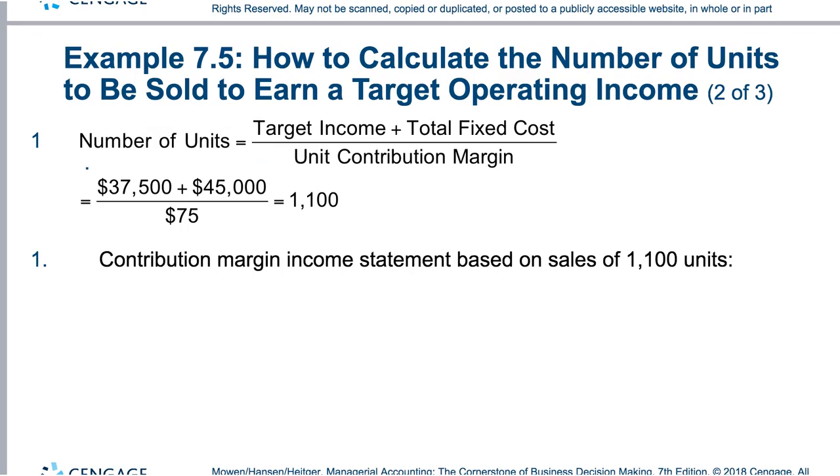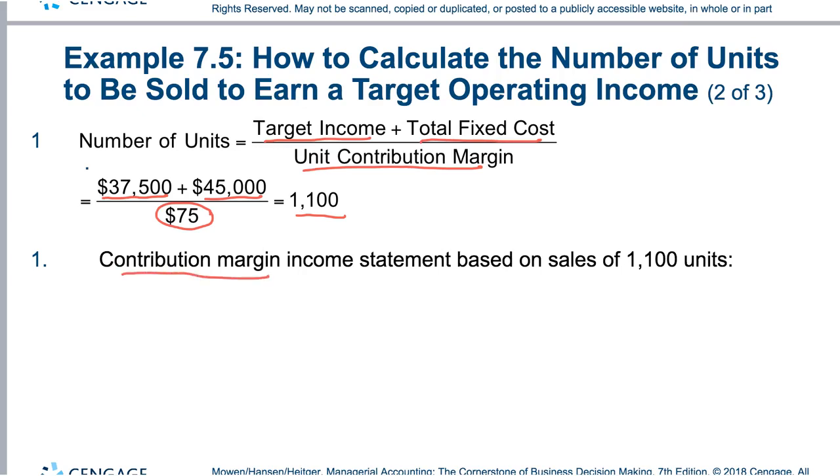We've got our total fixed cost plus our target income over the unit contribution margin. So that means that our total fixed costs were $45, our target income was $37.5, and our contribution margin per unit was $75. That means that our target number of sales units is 1,100 units.